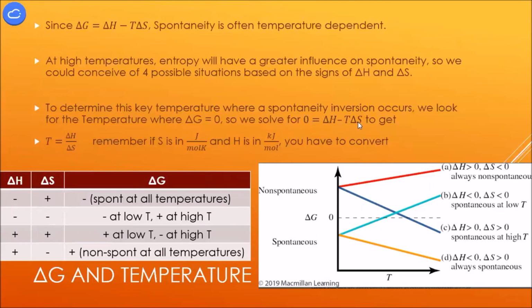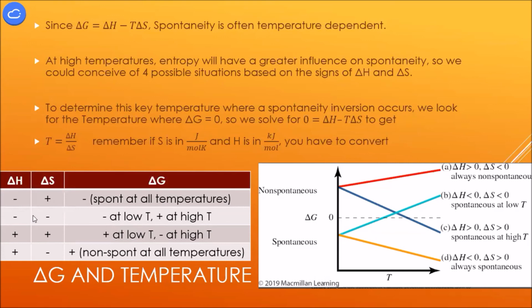We add T delta S to the other side, and divide both sides by delta S. So the temperature at which this becomes spontaneous is equal to delta H over delta S. So there's a way to find out at what exact temperature a non-spontaneous thing becomes spontaneous.